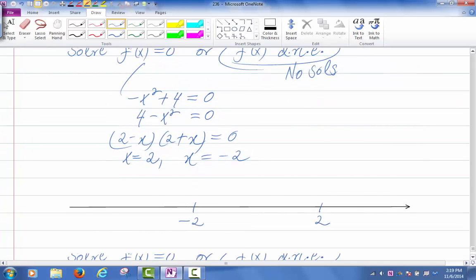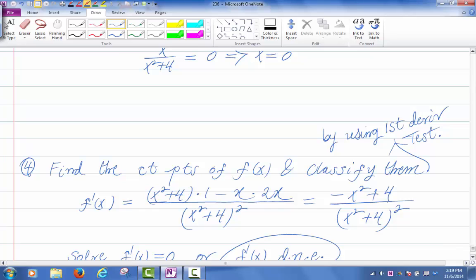What was the derivative function? The derivative function is right here. And look at the derivative function. If x is less than negative 2, is it positive or negative? It's negative. When x is less than negative 2, you can ignore the denominator because the denominator is necessarily positive.